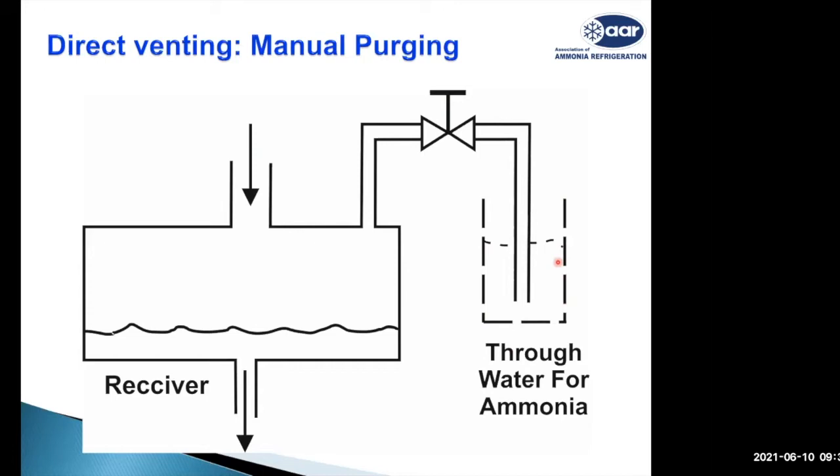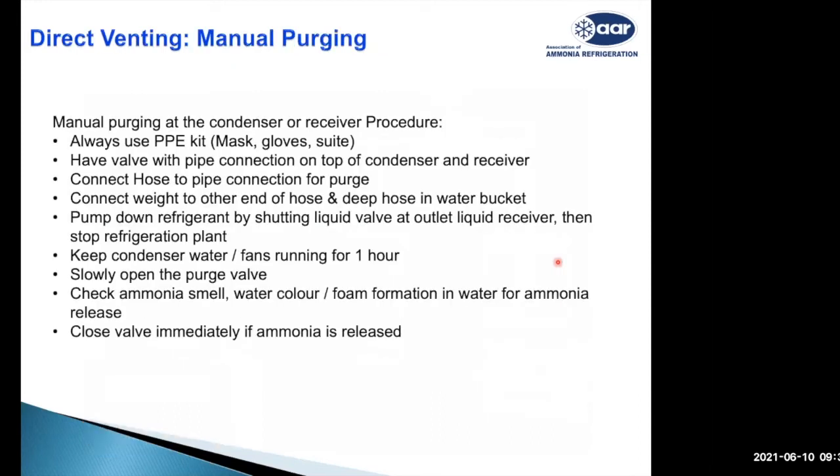The same thing can be done at the condenser. You can have a purge valve at the inlet of the condenser, and when you close down the refrigeration plant, keep the condenser fan and water running so that any ammonia accumulated in the condenser is converted into liquid and goes down, and then very slowly open the purge valve. Now, the typical procedure is shown on the screen as the correct way of doing manual purging.